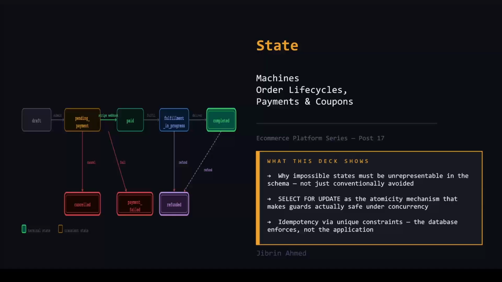State machines make that dependency explicit and enforceable. Define your states, define which transitions between them are legal, put guards on those transitions, and enforce them at the database level so concurrent operations can't sneak past checks that application code alone can't atomically protect.